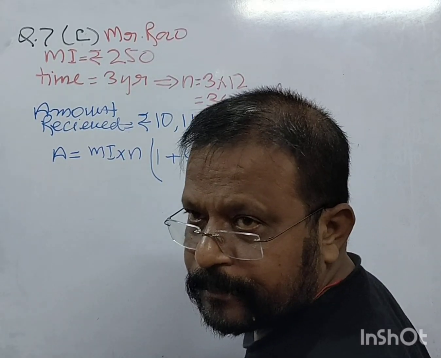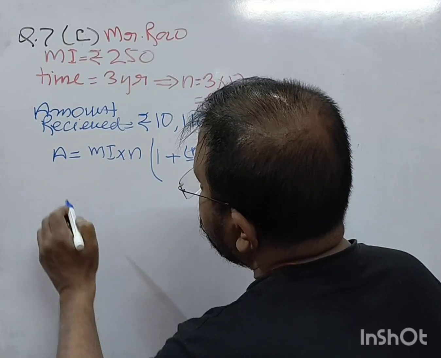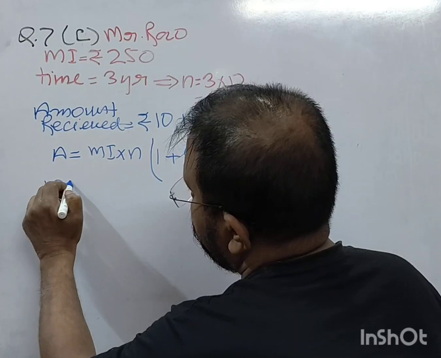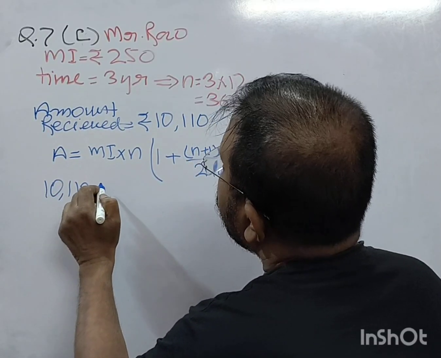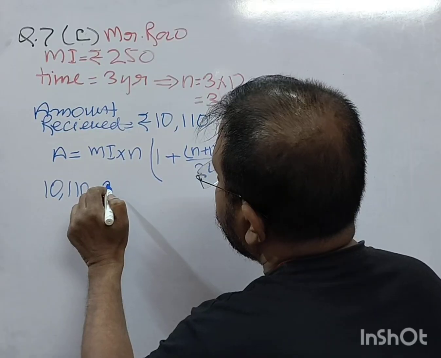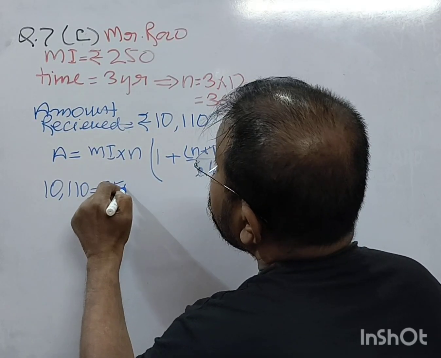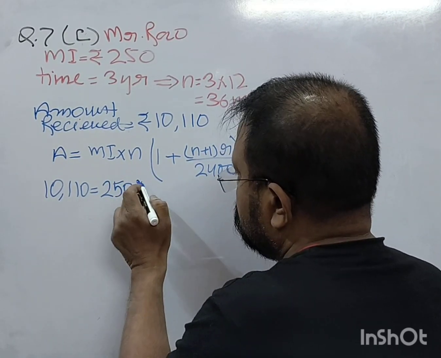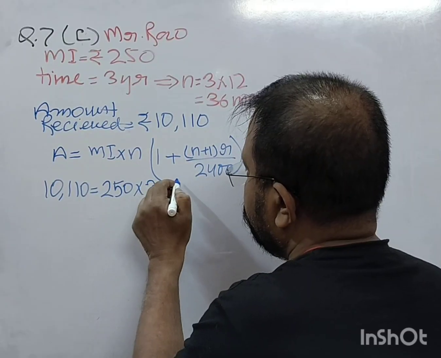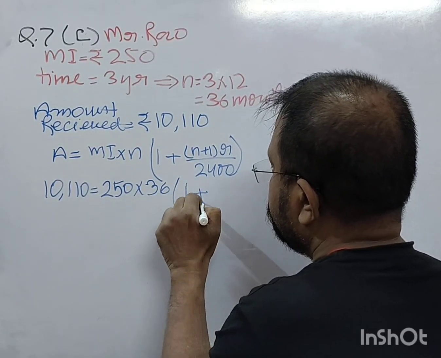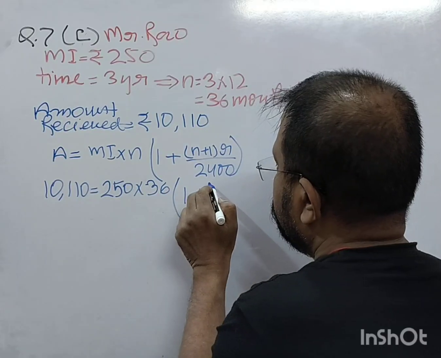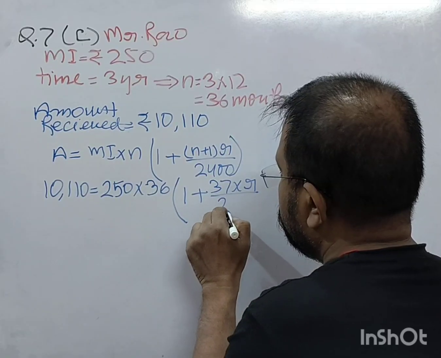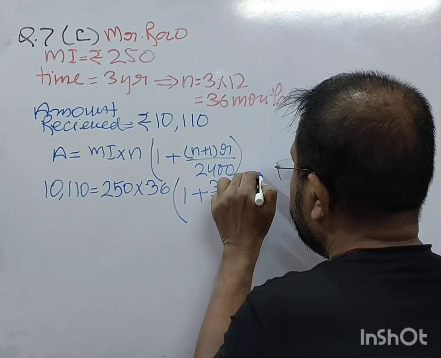So the amount is 10,110 is equal to MI is 250 into 36 months, bracket 1 plus 37 into r upon 2,400. You get this?